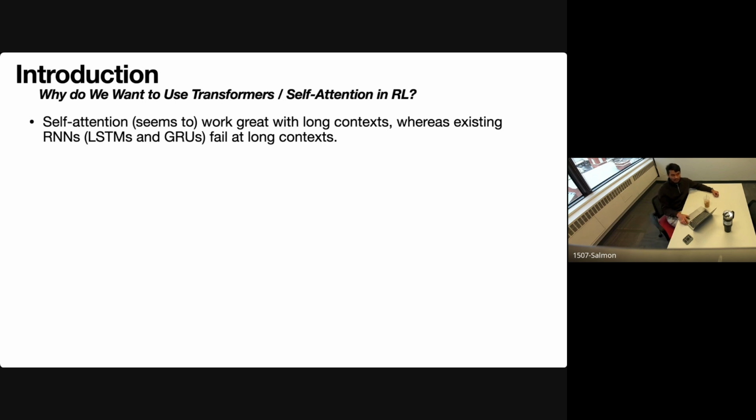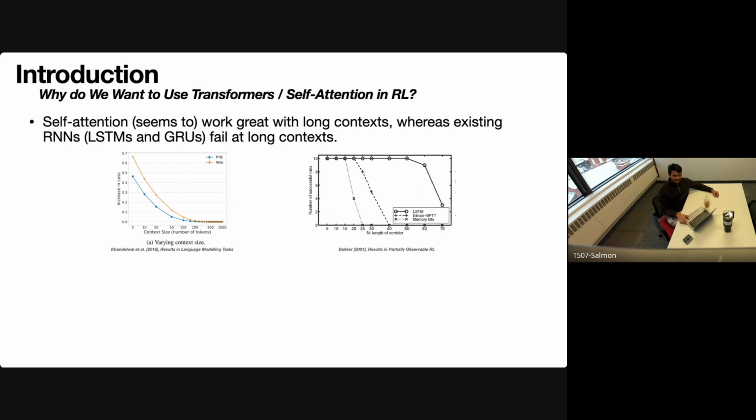Whereas it has been noted previously that RNNs such as GRUs and LSTMs tend to fail at long contexts, and there have been some experiments which show this. As you increase the context size for a given experiment, the LSTM and RNN start to fail after a while.